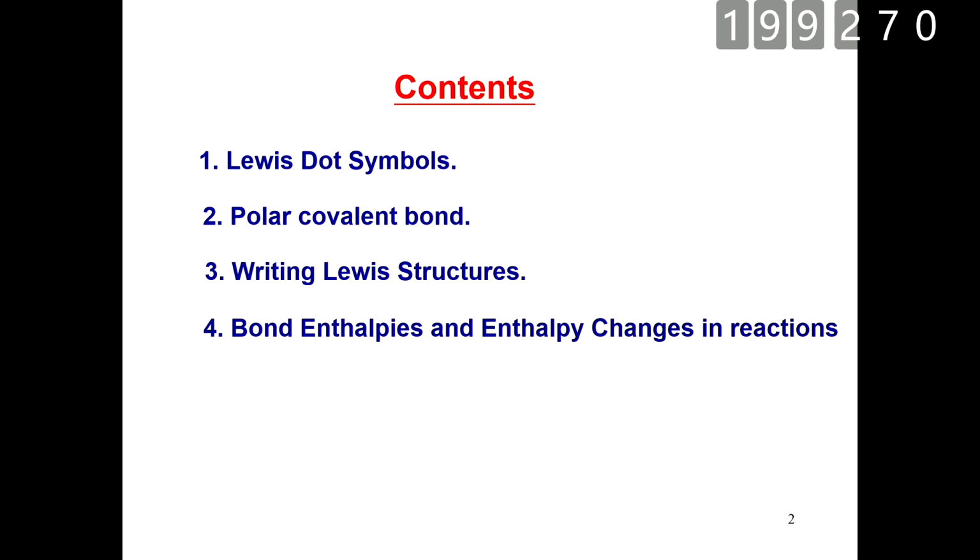We will learn the Lewis dot symbols, and we also introduce the polar covalent bond, how to write the Lewis structures, and we also introduce the bond enthalpy and enthalpy changes in reactions.